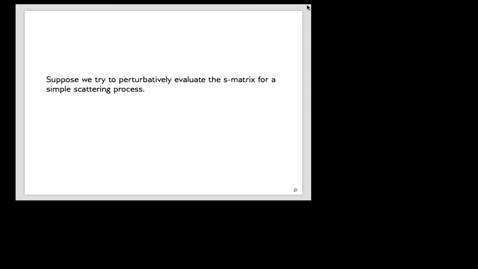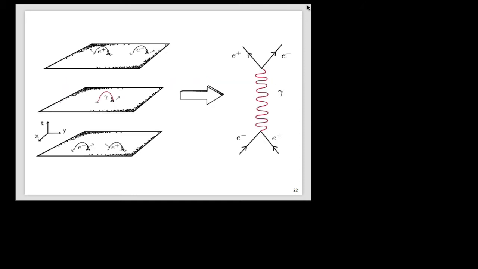So suppose we try to perturbatively evaluate the S matrix in this way for a simple scattering process. The scattering process we're going to think about here is just an electron and a positron, which travel towards one another, eventually collide and annihilate to create a photon, and then later that photon moves along and then decays to an electron and a positron again.